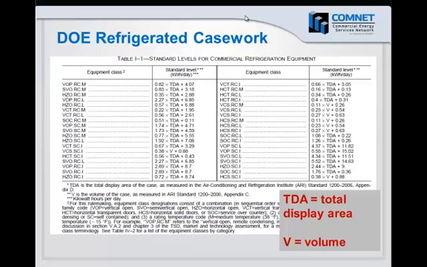So these numbers are used in COMNET as defaults. The DOE came out with their refrigeration standards about the time we published the first version of COMNET, so we were able to use these values.